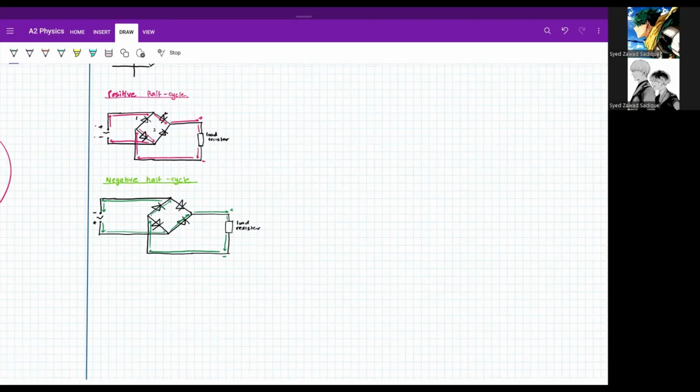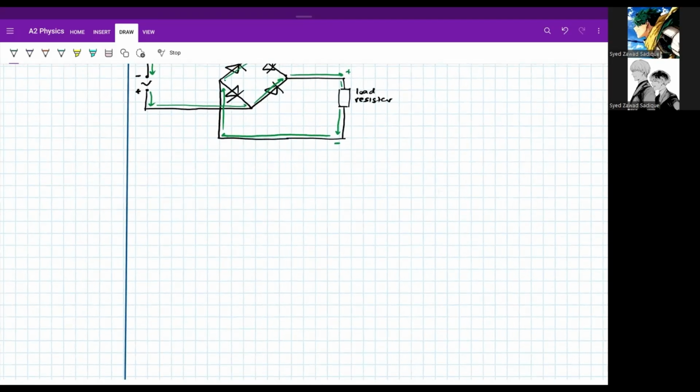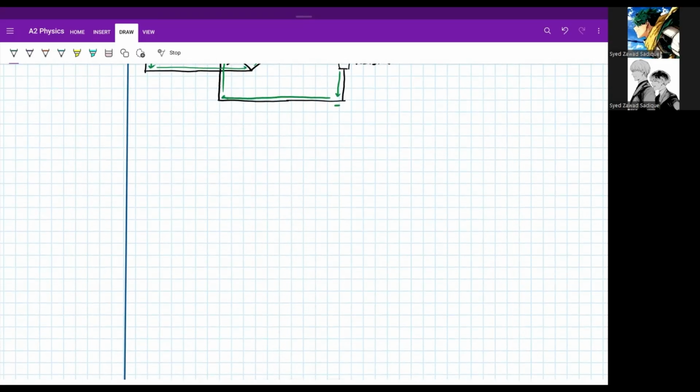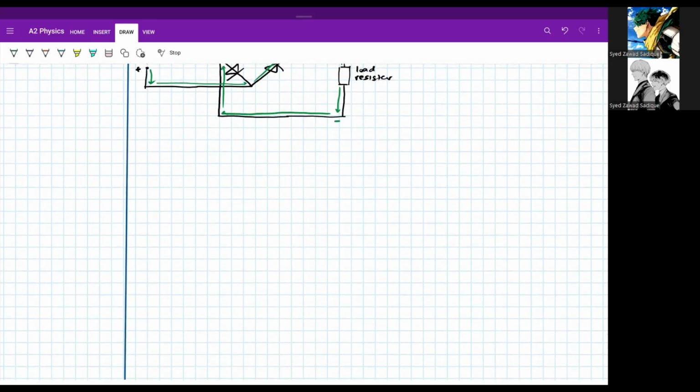Okay, we have a bit more left. How are we going to represent this in a graph? Similarly, we have to draw graphs once again.